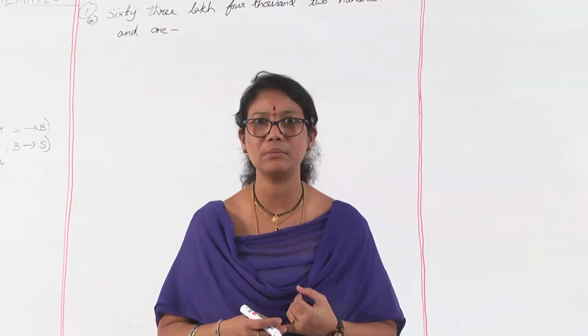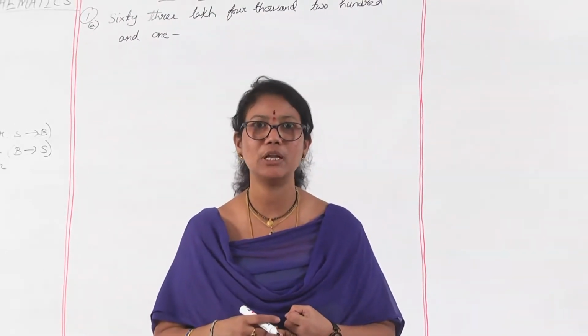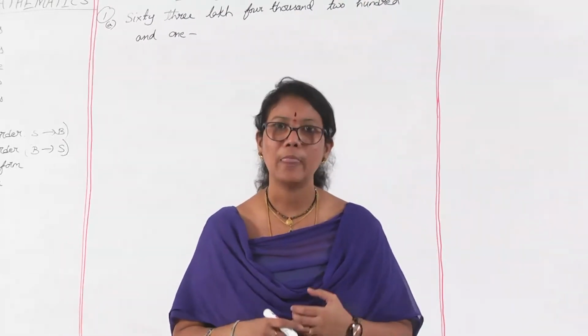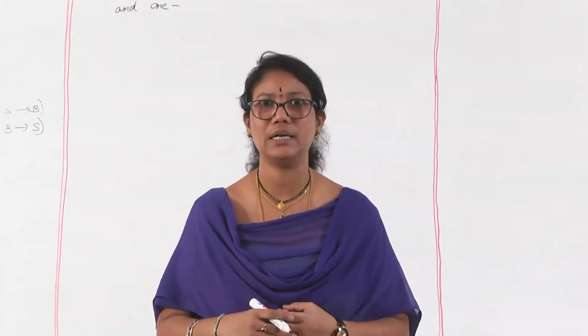In 4th class you had the Indian number system. This year, in 5th class, you will have the international number system in the next exercises. Now, let us recollect the Indian number system.